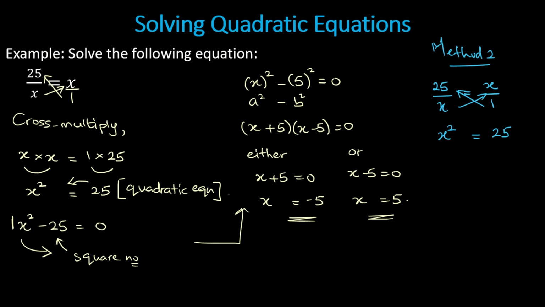Now this method, directly we find x by removing the power 2. To remove power 2, we have to take root of 25. And when we take root, we have to include plus and minus in front. So this gives x equal to plus and minus.